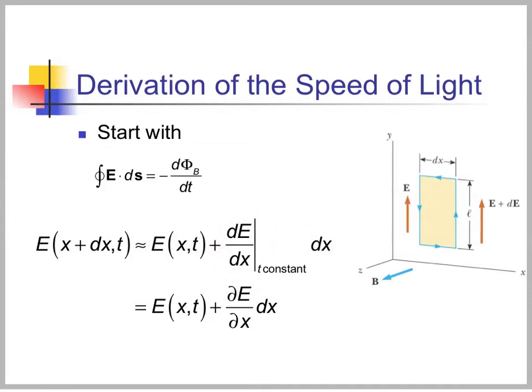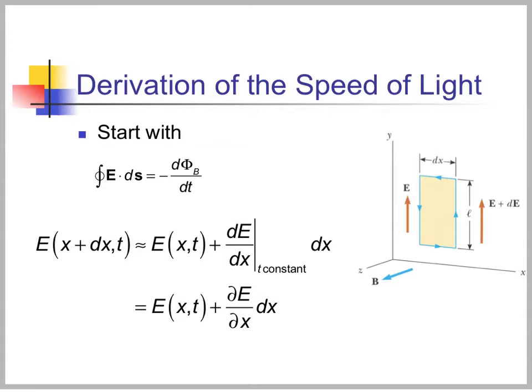So the electric field at this point is the electric field at this point plus the derivative of the electric field with respect to x times dx. Now this fancy differential symbol here just means partial derivative. It means in the expression for electric field, treat any other variable as constant except for x.